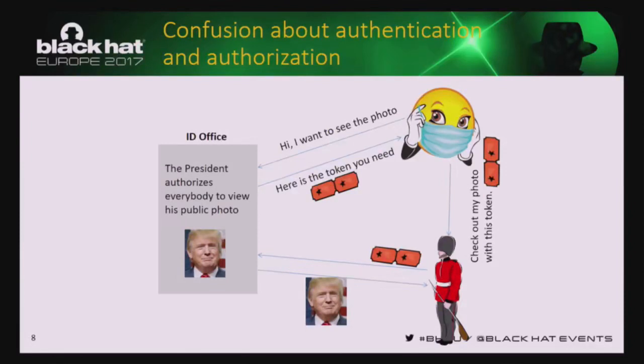Now, the real problem is if the relying party concludes that the yellow face was the president, then he is making an authentication conclusion which does not have any logical basis. Right? So it's pretty tricky.